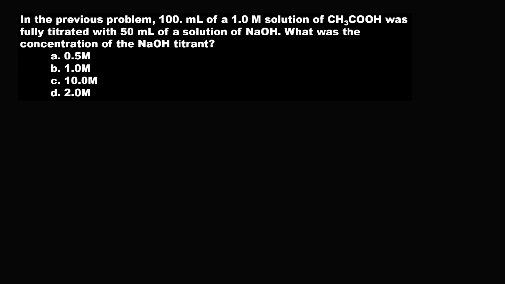Referring to the previous problem, 100 milliliters of 1 molar solution of CH3COOH was fully titrated with 50 milliliters of a solution of NaOH. What was the concentration of the NaOH titrant? So this is really a conversion problem, because what we know is that all of the OH reacted with H plus.